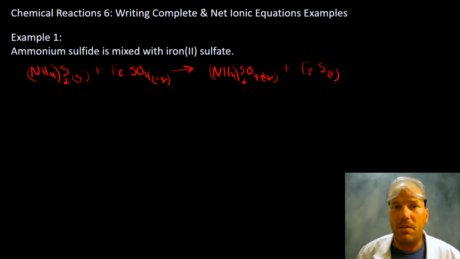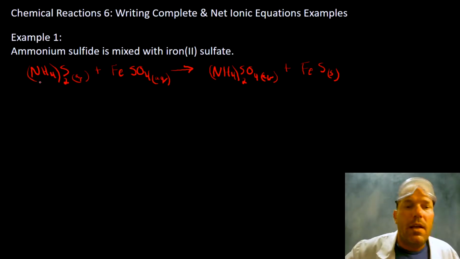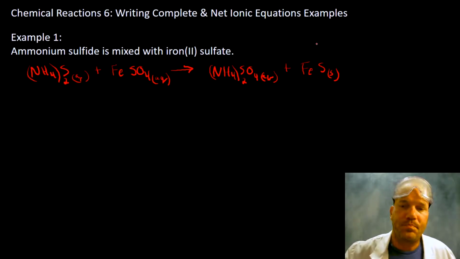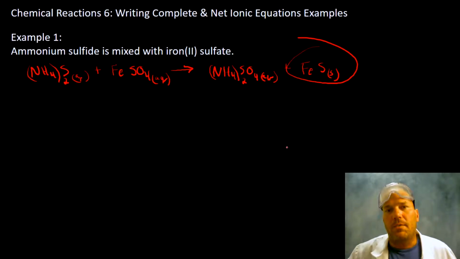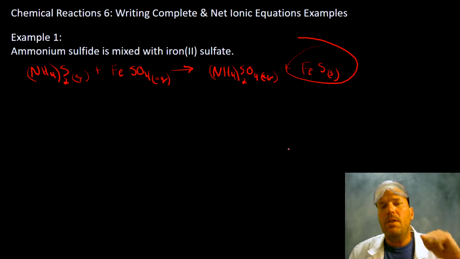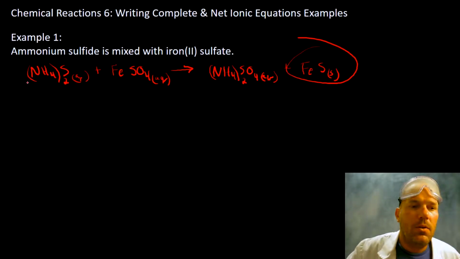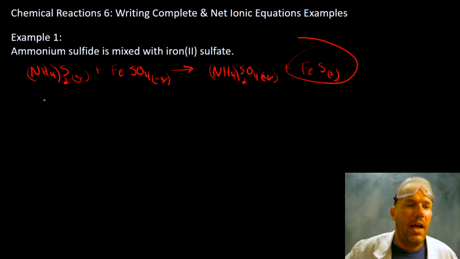So to save us a little time, I've already gone ahead and done that for all of these examples. Okay, so step number 2 here is we're going to look at our species that will dissociate. Those are all the aqueous species. This one here will not dissociate. Remember, liquids, solids, gases do not ionize. So now I'm going to go through this long process of turning this into its ionized form.